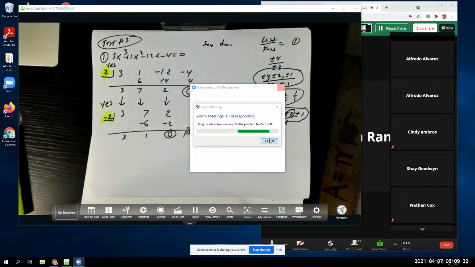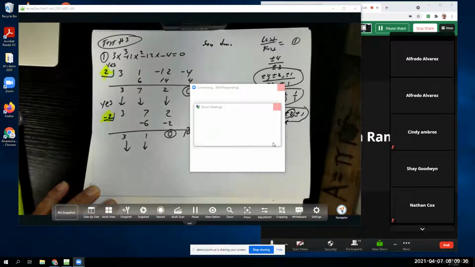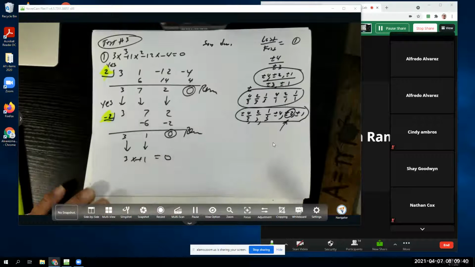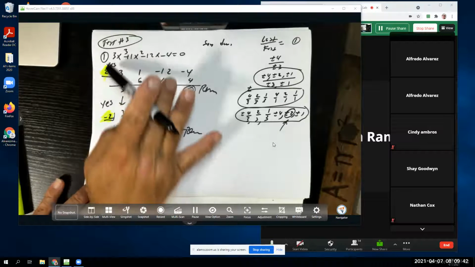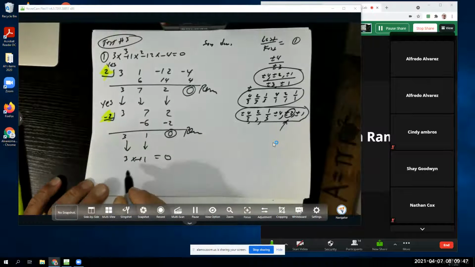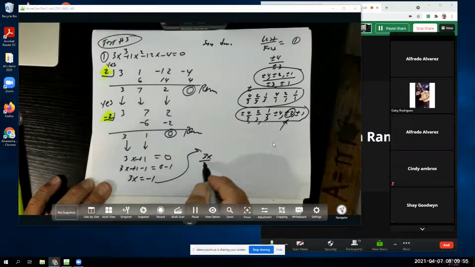All right, so now I'm going to convert these guys right here to 3x plus 1 equals 0. So I tried the 2, I tried the negative 2, they worked. If it doesn't work, try the 4 and the negative 4. Now this one, 3x plus 1 minus 1, 0 minus 1, 3x is minus 1, divided by 3, divided by 3, so x is negative 1 over 3.